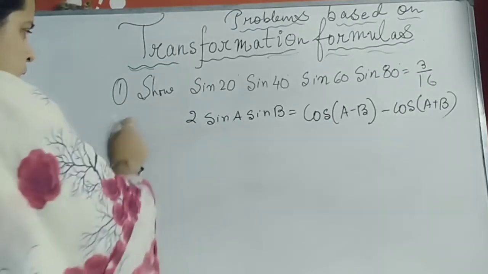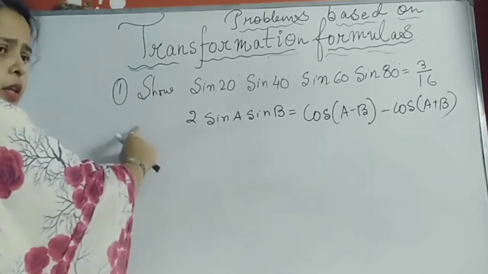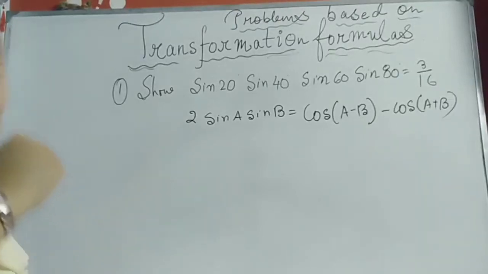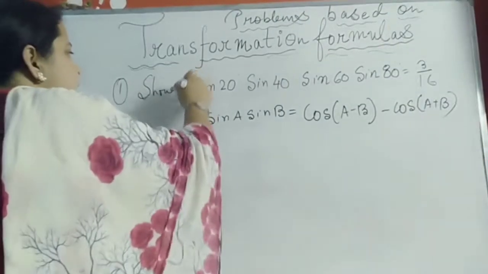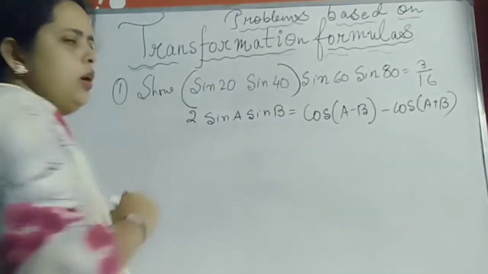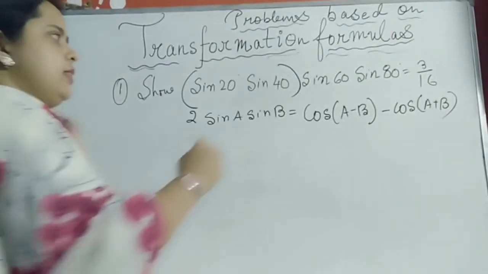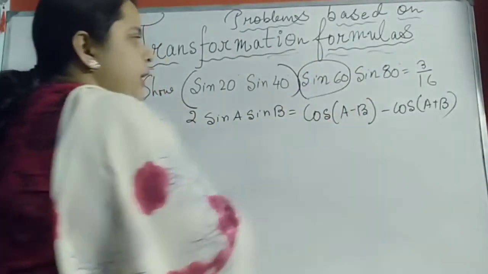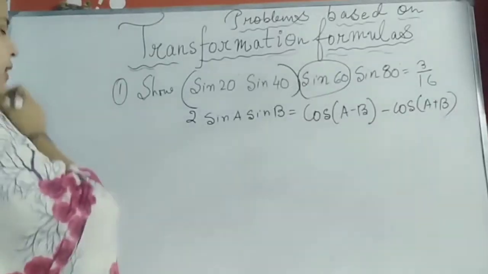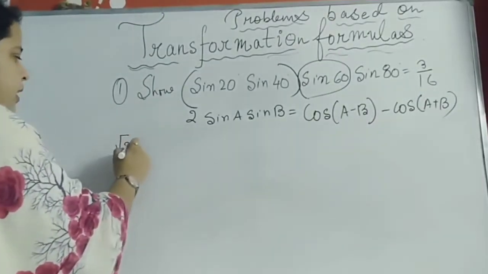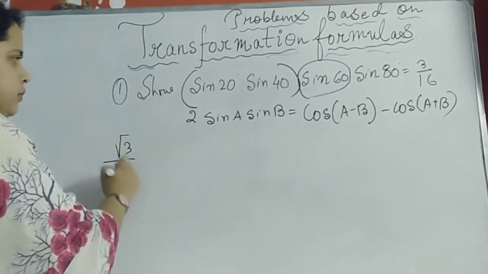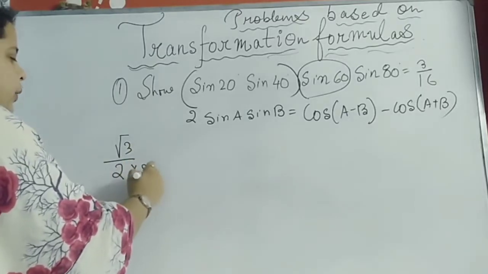Now, here we are going to apply the formula. So, we are going to take this 2 altogether. And this particular is root 3 by 2. So let us write down that. Here I am writing root 3 by 2, and a 2 is multiplied.